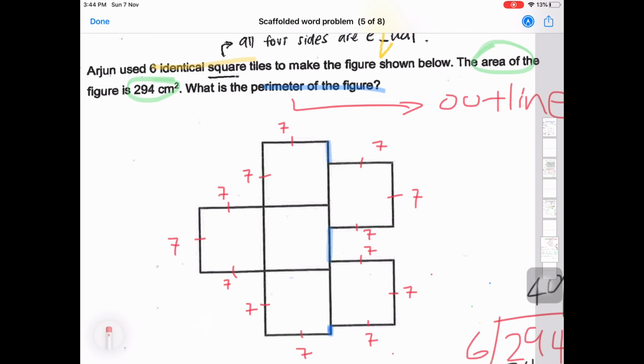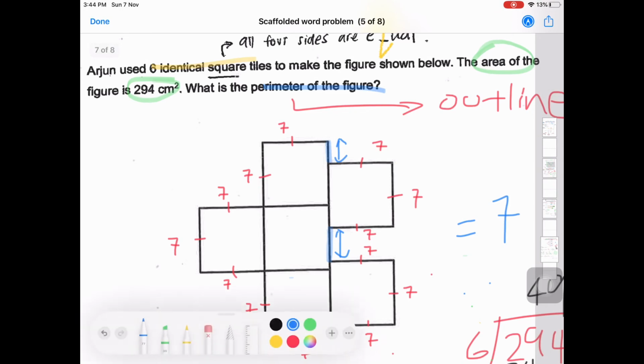When I combine the 3 blue lines, this blue line, this blue line, and this little blue line, it is equal to 7.